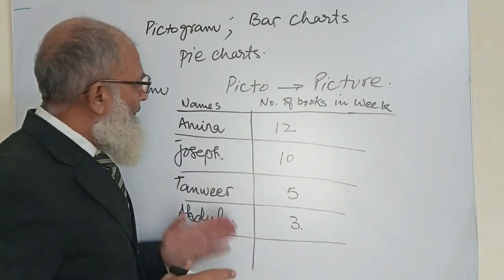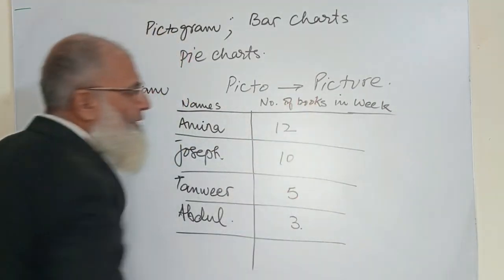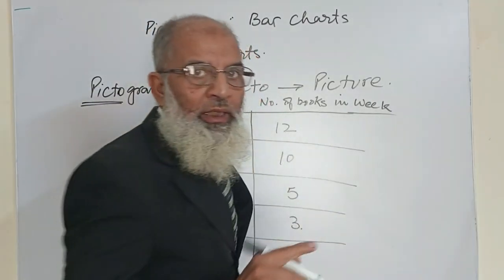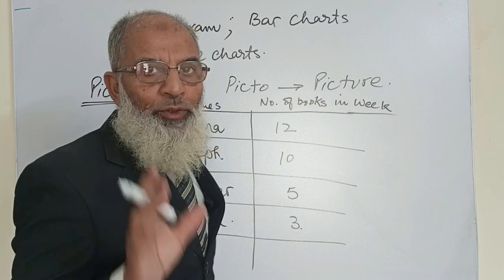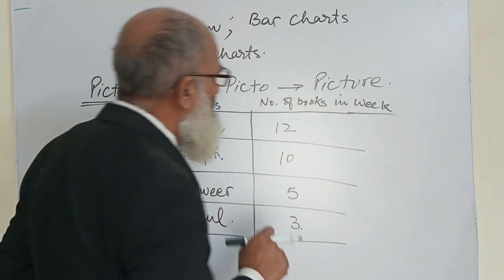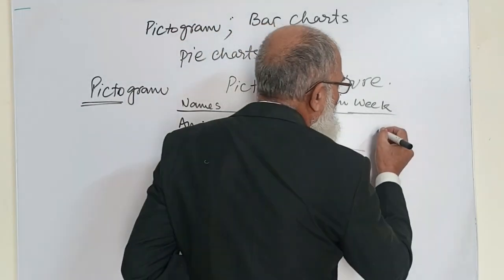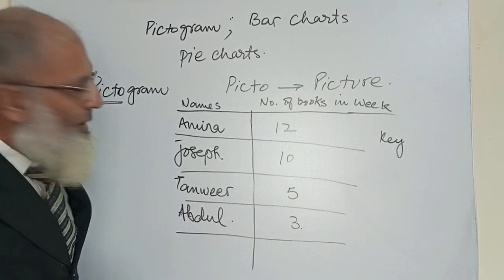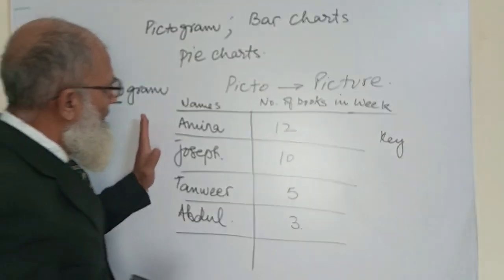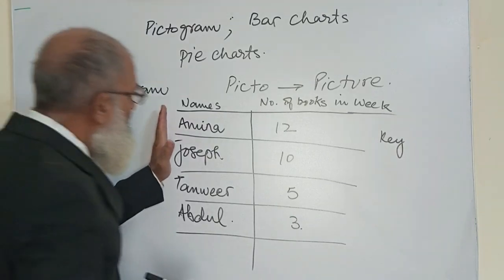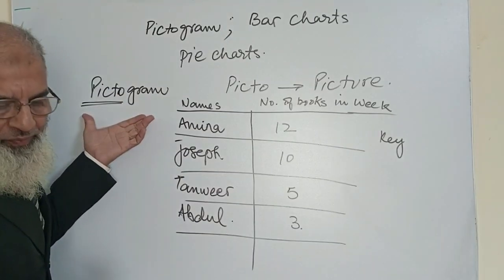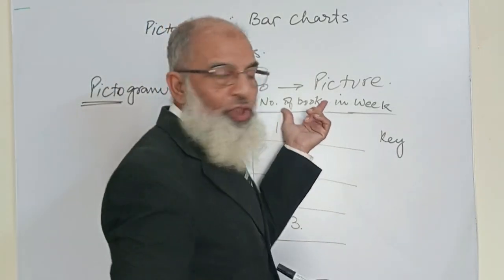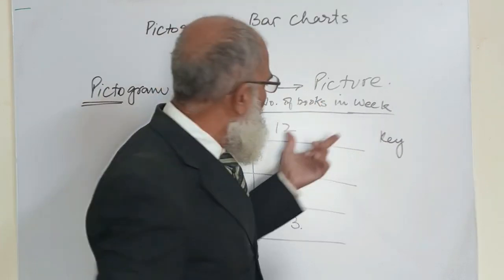Now, if I take the books as a picture, first of all, there's a certain rule that you must follow: you have to provide the key for that. Considering this data, let me reproduce this data in a pictogram where the books are the pictures of this data.